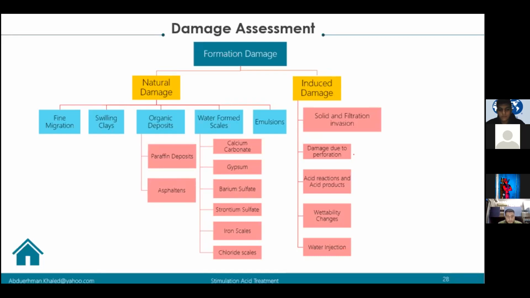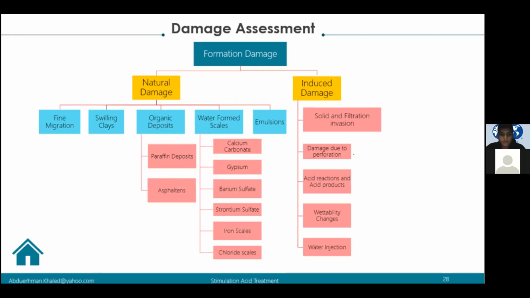Another issue is the clay swelling due to water production, which definitely reduces the permeability of the reservoir. And sometimes you have some minerals in your clay, and these minerals can be mobilized and migrated, and therefore reducing the permeability. Many times the damage is induced, in the form of drilling.